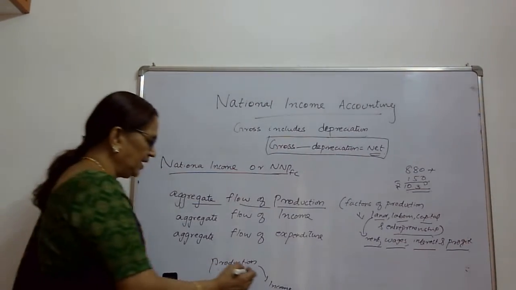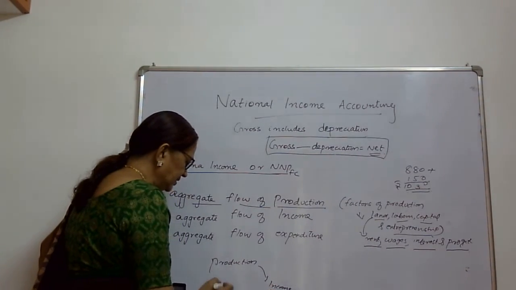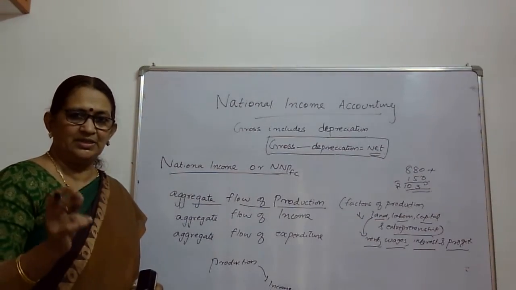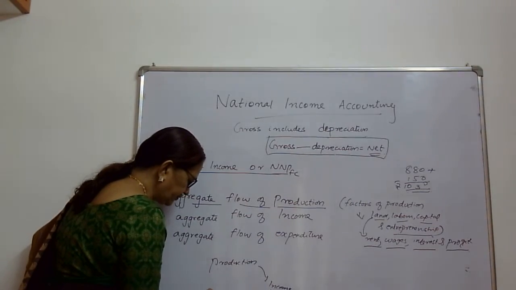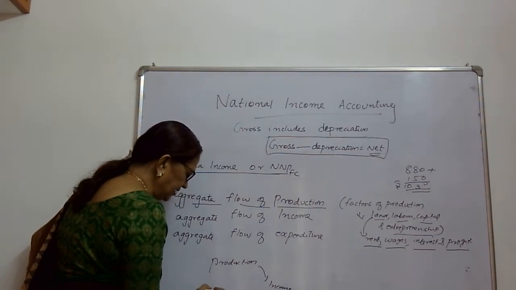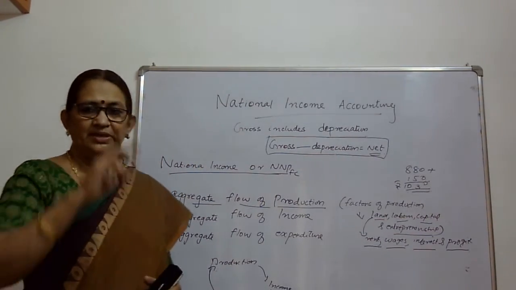This income is spent again on these goods and services. So this income is spent means it is the expenditure of the economy. It is spent means it is expenditure on the produced goods and services. So it is a circular flow.